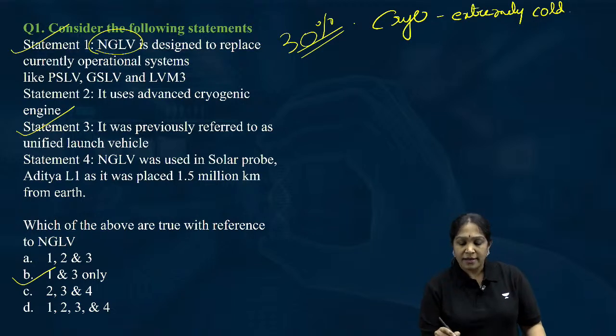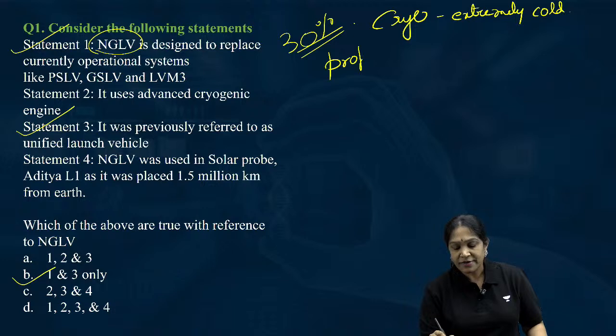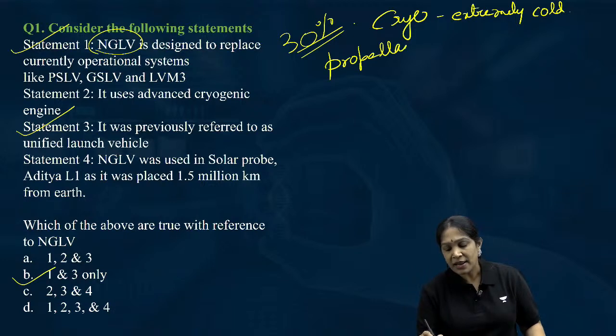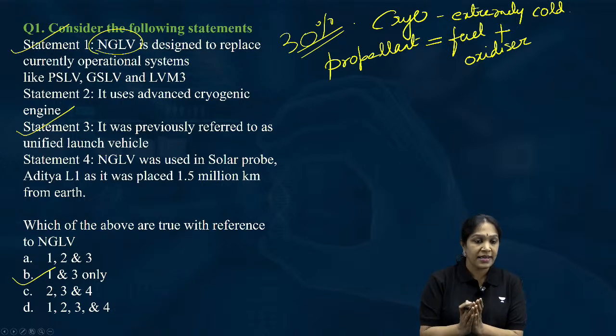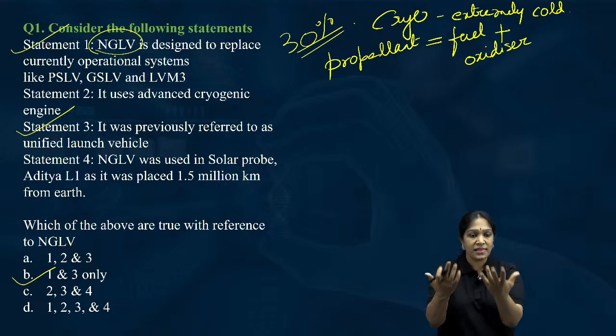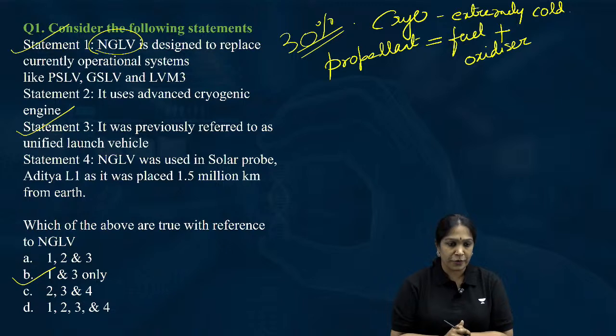Okay, here the propellant will have two components. One is fuel and the second component is oxidizer. Propellant means what? Something that will propel the vehicle. It will have two components: fuel plus oxidizer.